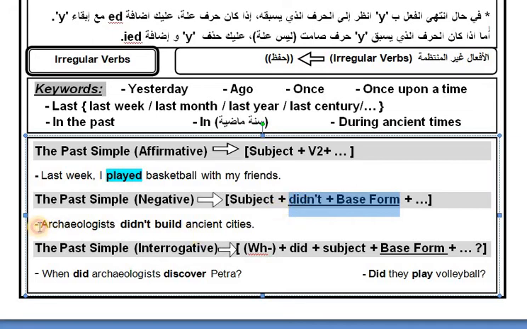Look at this, the example here. Archaeologists didn't build ancient cities. Didn't build. As you see, didn't اللي أعطتني النيجاتيف النفي ولأنه ماضي past فأنا استخدمت didn't. أما build فكانت بشكلها التصريف الأول بشكلها البيس فورم المجرد. Why؟ لأنه في عنا didn't.